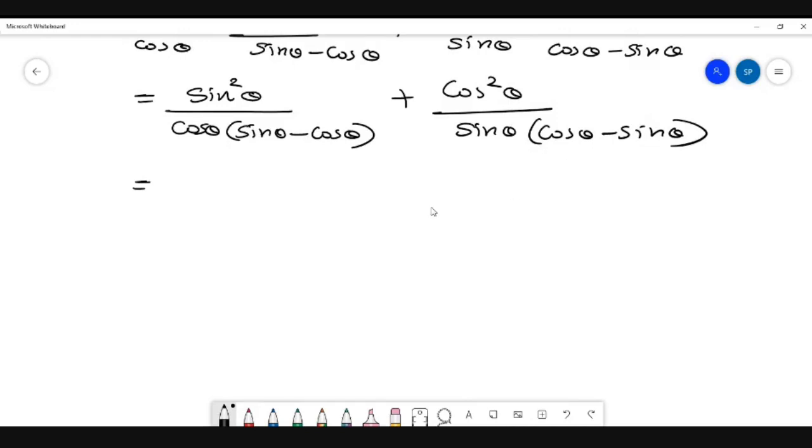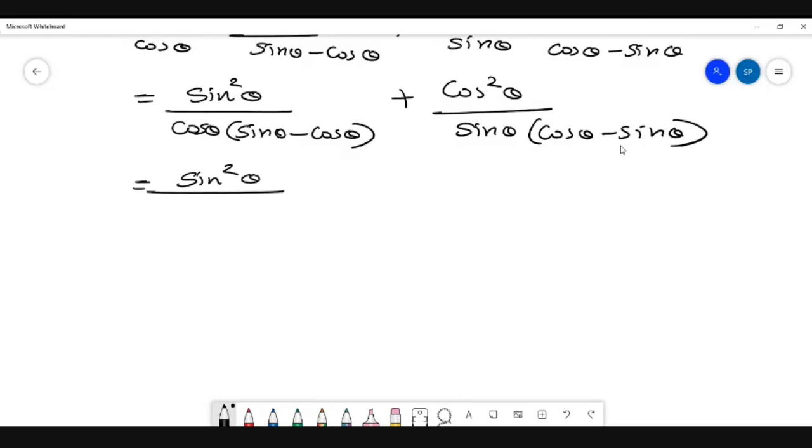Again here we have the denominator as cos theta into sin theta minus cos theta and sin theta into cos theta minus sin theta. If you take a negative sign from this expression, it will be of this form. That is, cos theta minus sin theta can be written as minus of sin theta minus cos theta. So let us write like that.